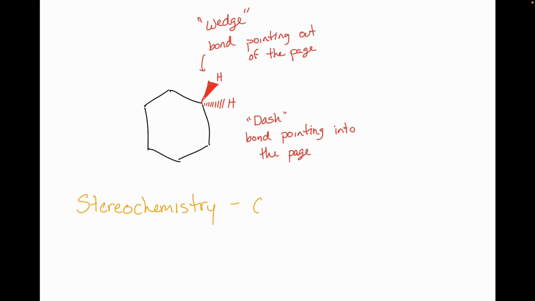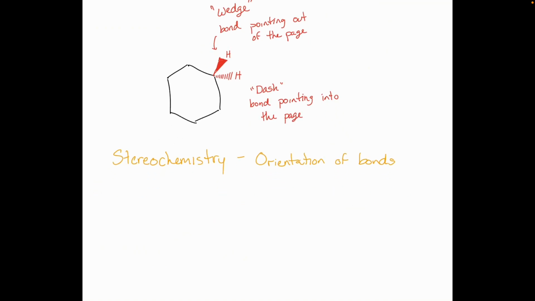Stereochemistry concerns the orientation of bonds in a molecule. There are many different types of stereochemistry in organic chemistry. We're going to focus specifically on these rings. So let's take an illustration of 2 different molecules that have different stereochemistries.